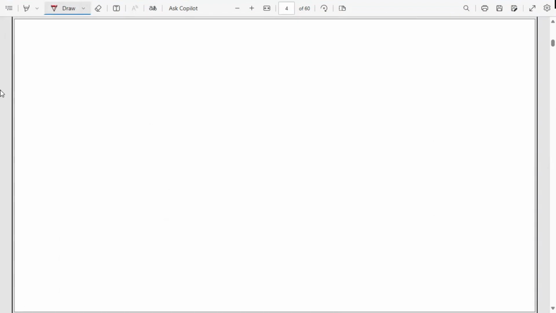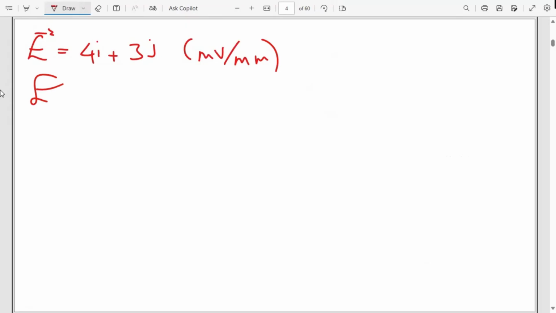Question 4, we've been given vector E. Vector E is equal to 4i plus 3j, and this one has been given in millivolts per millimeter. They're asking us to calculate the magnitude of E, which, with modulus or absolute value, is equal to the Pythagoras theorem of Ex squared plus Ey squared.